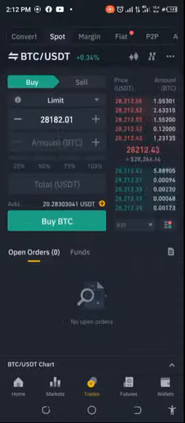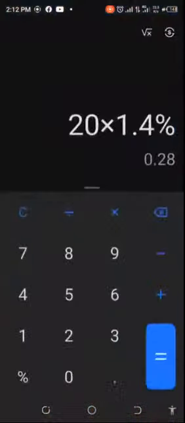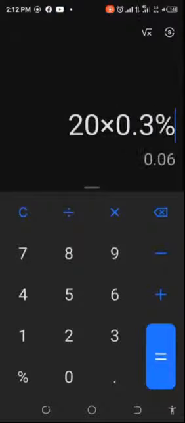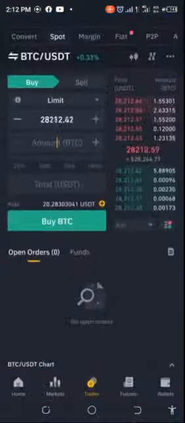What is 0.3% of $20? That's 6 cents. That's actually understandable. So always prepare for that whenever you're doing your trade. I hope you learned something.